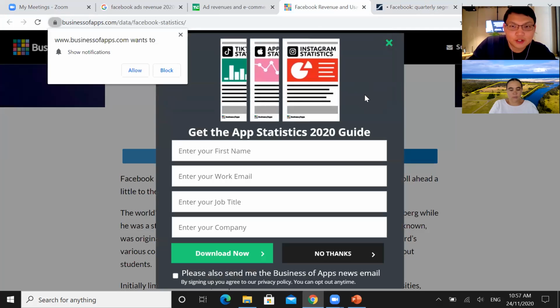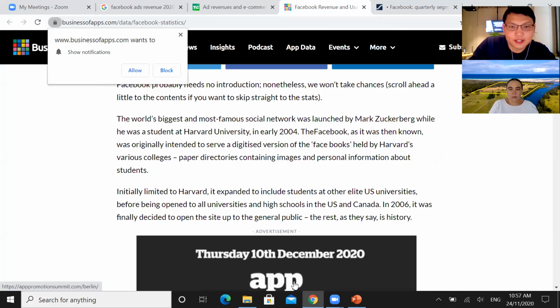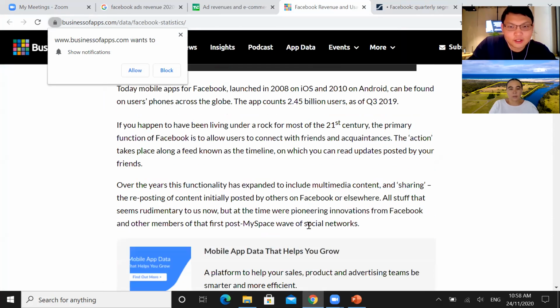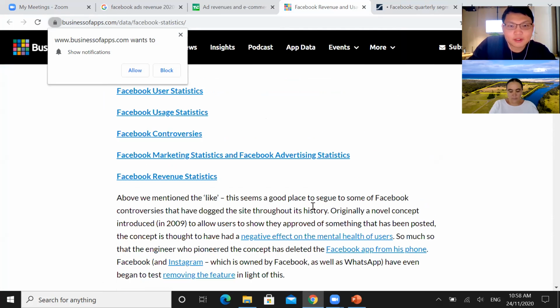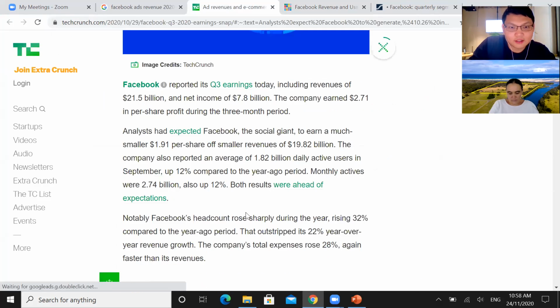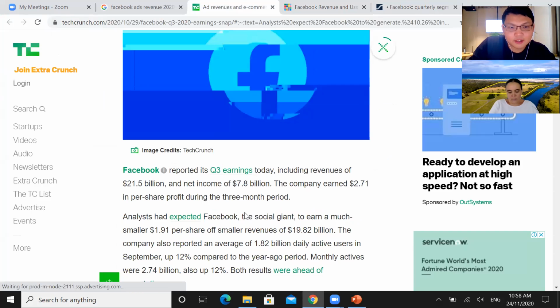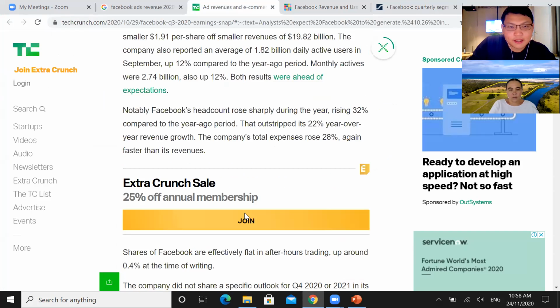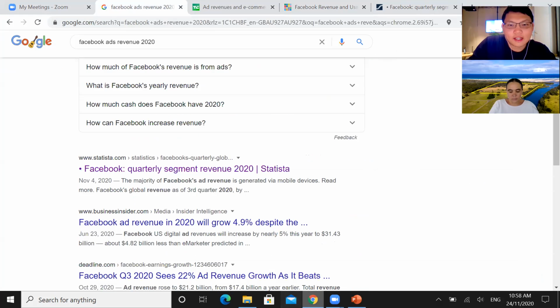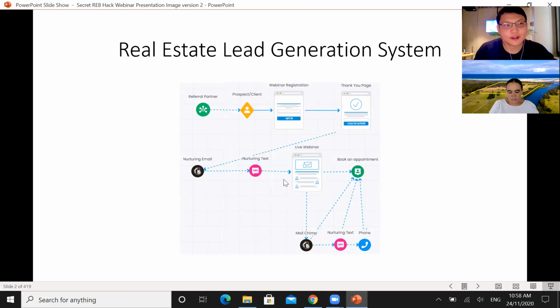I've seen one of the research said probably over 98% of Facebook's revenue, because Facebook only makes money from Facebook ads. I think 98% of the $1 billion, yeah. But the percentage is almost 98% of Facebook's revenue comes from Facebook ads.